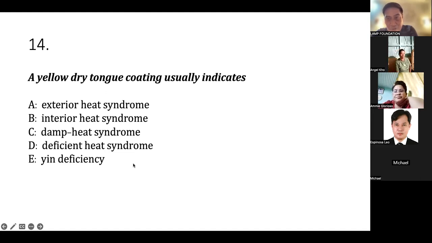Opo. Now you know. What about deficient heat syndrome? Ano pong itsura ng tongue? Kulang na siya ng heat, so pale na siya. Wait, na-confuse kayo. Deficient heat syndrome, madam: nagkaroon siya ng heat dahil sa deficiency. So anong itsura ng tongue?